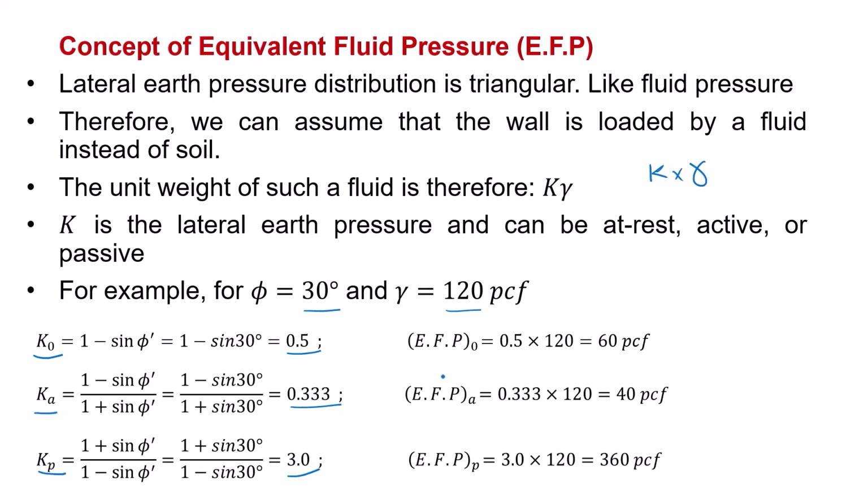Now, to calculate the equivalent fluid pressure, we can multiply each K by the value of gamma, which is 120. And therefore, E.F.P of at rest pressure would be 60 pcf, E.F.P for active pressure would be 40 pcf, and E.F.P for passive pressure would be 360 pcf.